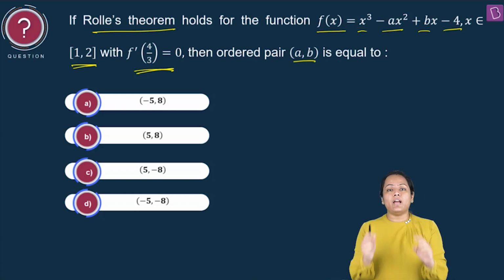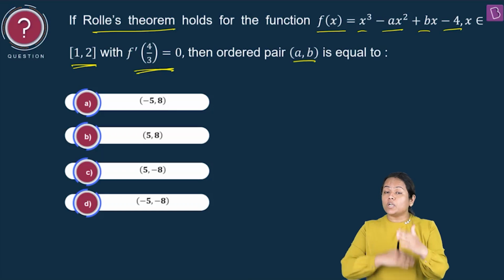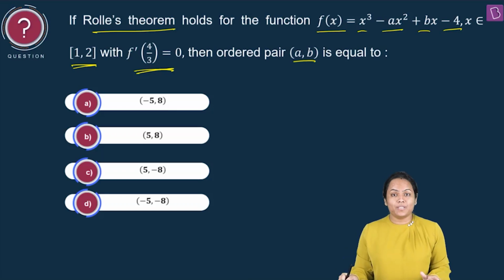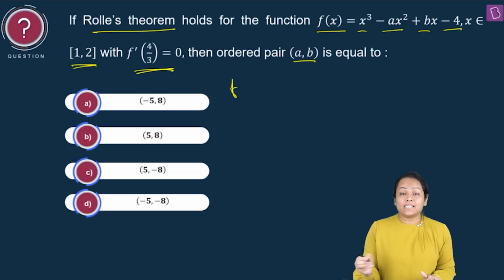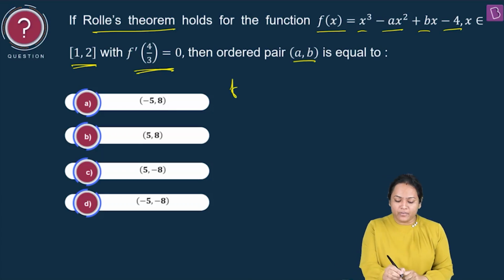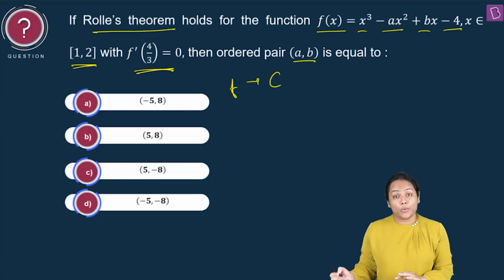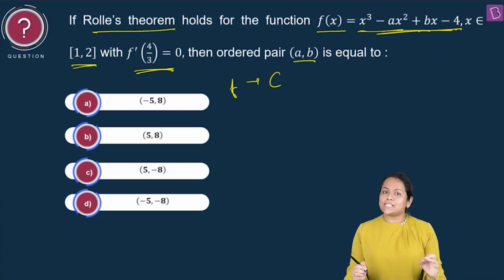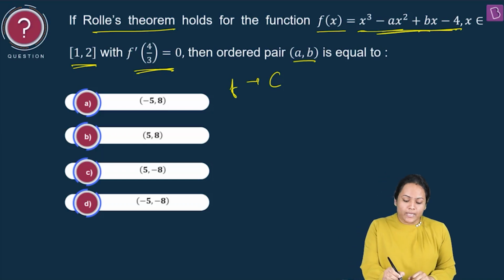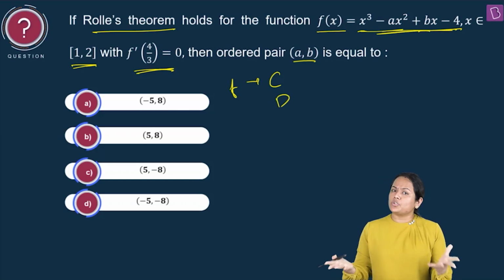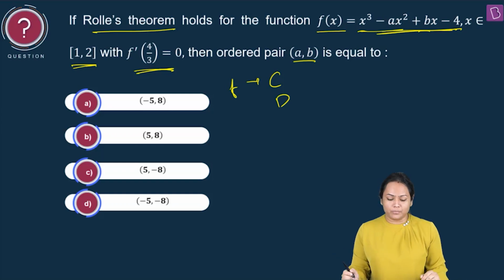And for that, we have to recall what are the conditions of Rolle's theorem. If Rolle's theorem is satisfied by the function f, first and foremost condition is continuity. Here the cubic equation, we know already, a polynomial is continuous in the range 1 to 2. Next thing is differentiable, which is also true. This cubic is differentiable.